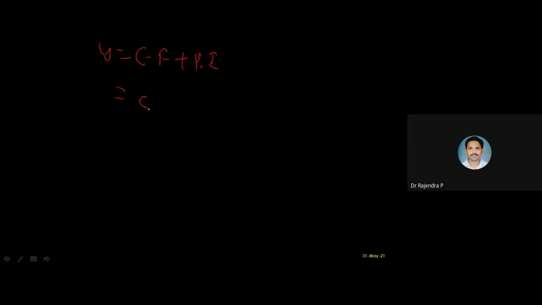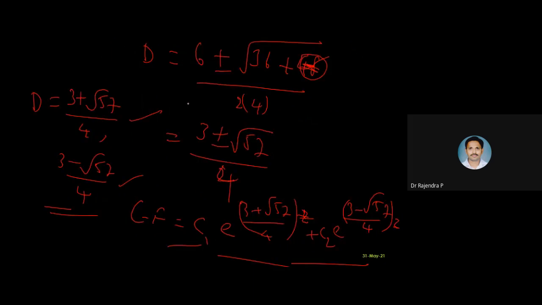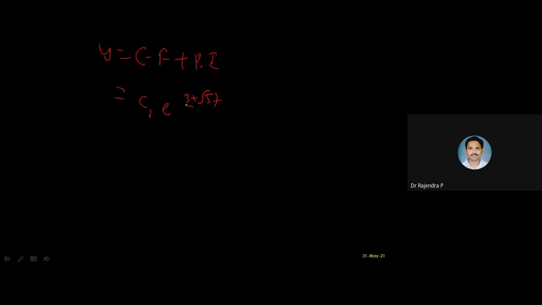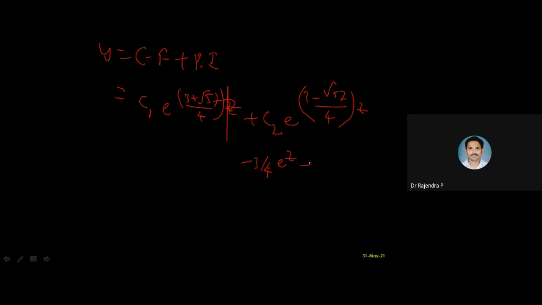So I will write the same thing: C1 e power 3 plus root 57 by 4 into z, plus C2 e power 3 minus root 57 by 4 into z, and the remaining part is here. Just now we got minus 3 by 14 into e power z, and then plus 3 by 4. Okay, 3 by 14 plus 3 by 4, right? I think it is correct.